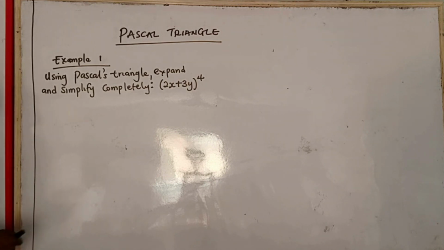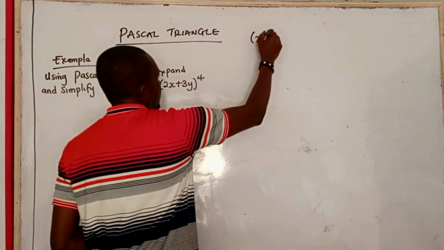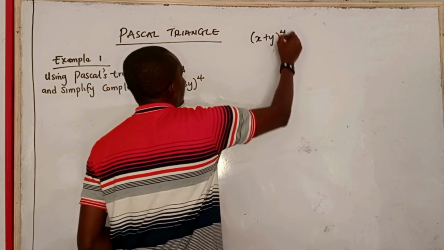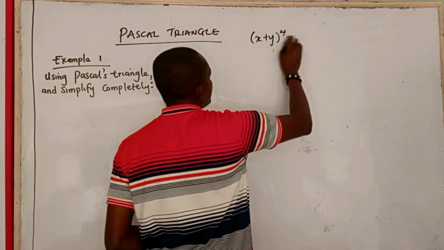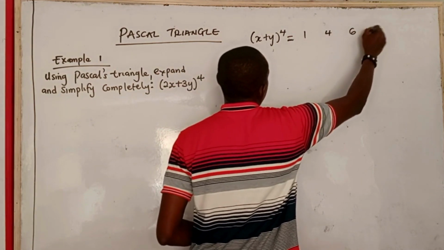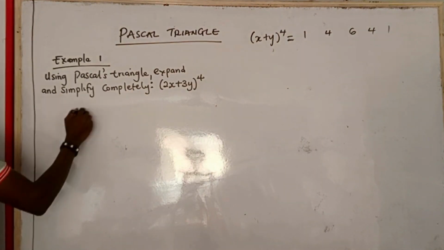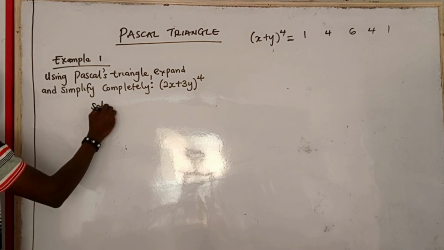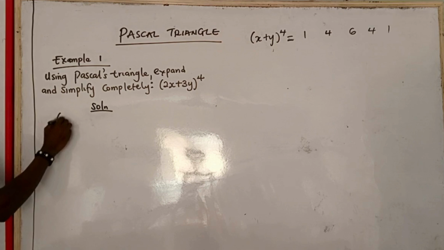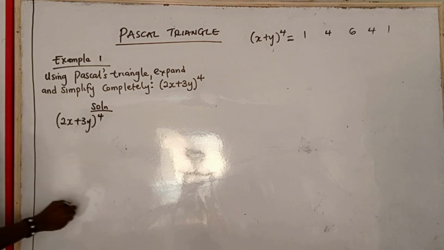In our last video, we saw that when we had (x + y) raised to the power of 4, our coefficients are 1, 4, 6, 4, and 1. Now, let us bring that into this particular question. So we are going to have this as (2x + 3y) all raised to the power of 4.